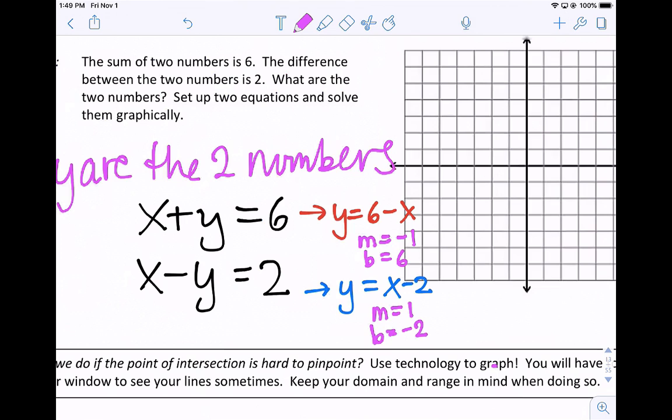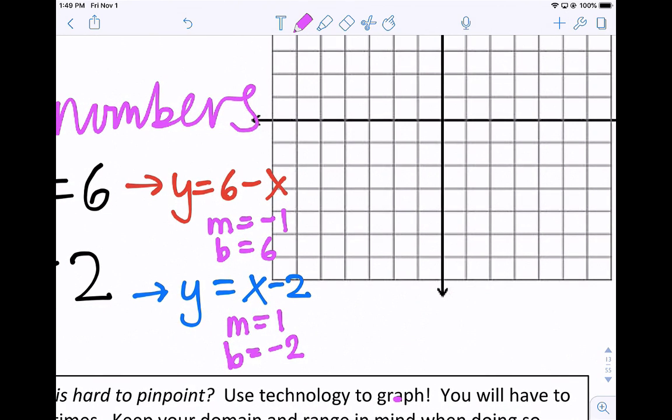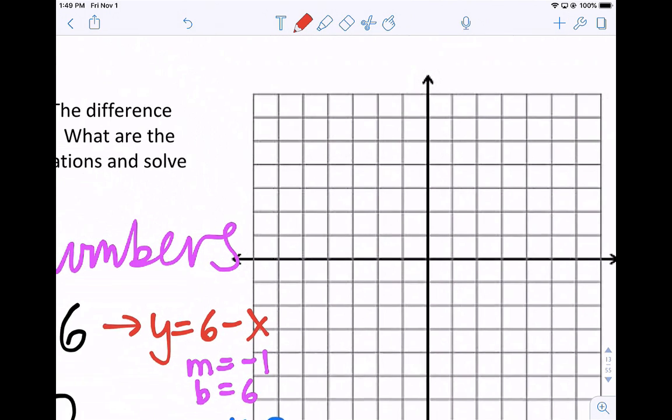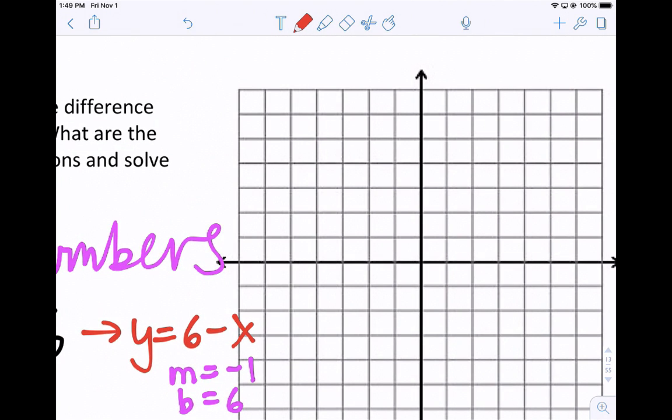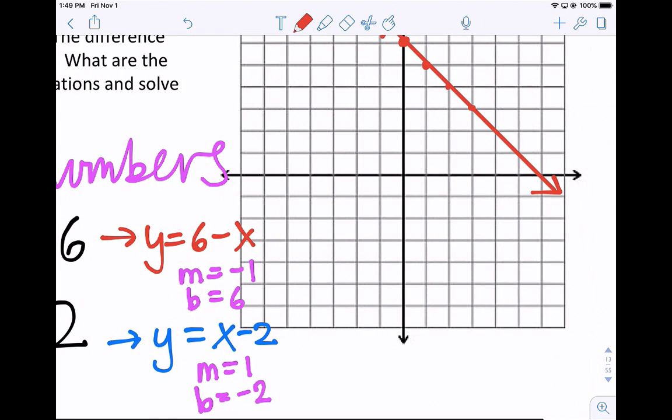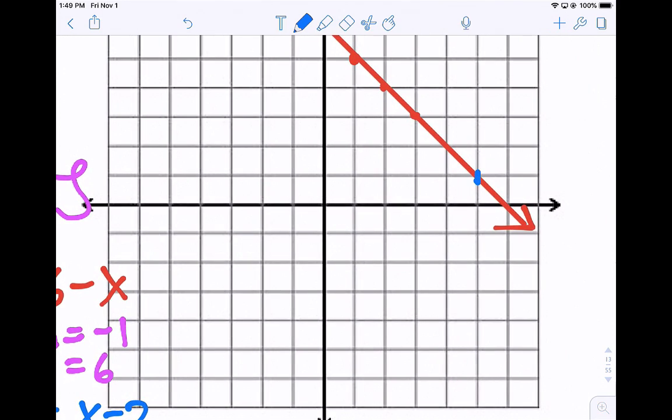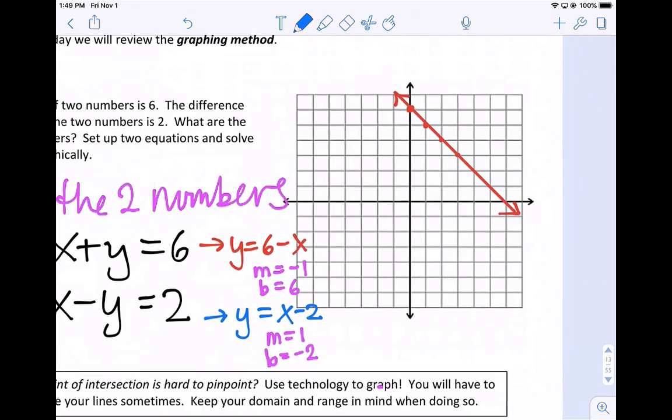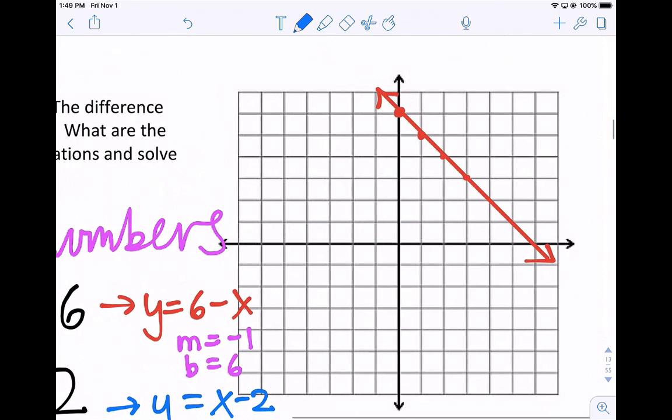All right, so let's graph these. The first graph, start at 6, 1, 2, 3, 4, 5, 6. Slope of -1. Okay, so there's the first. The second one, we start at -2, and the slope is 1.